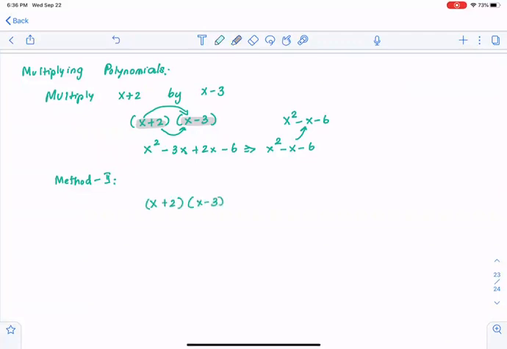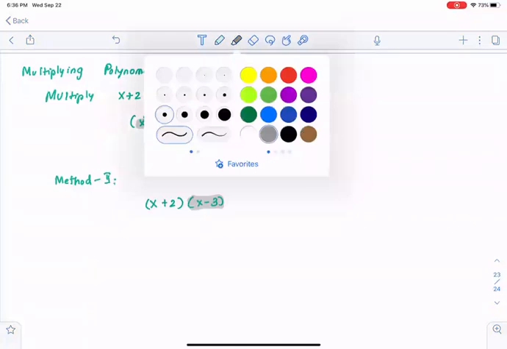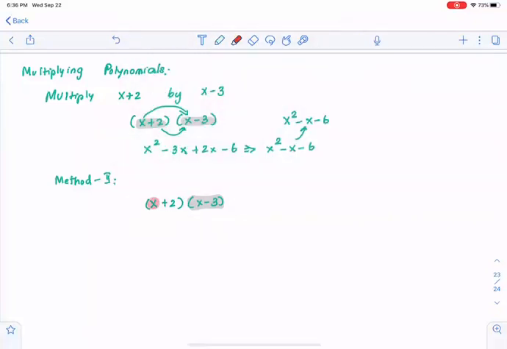That is our second polynomial. What I'm going to do is start with the first term and multiply the second polynomial. Put the sign that you have, which would be plus.